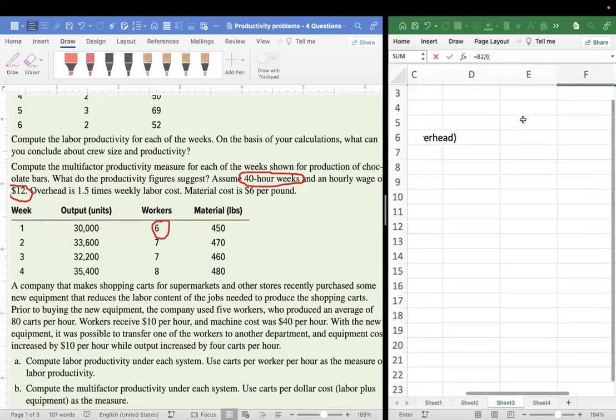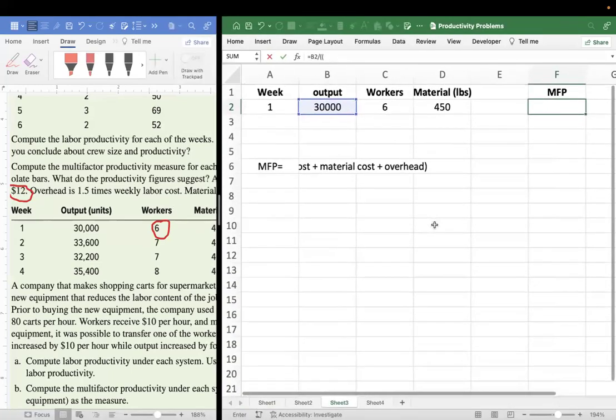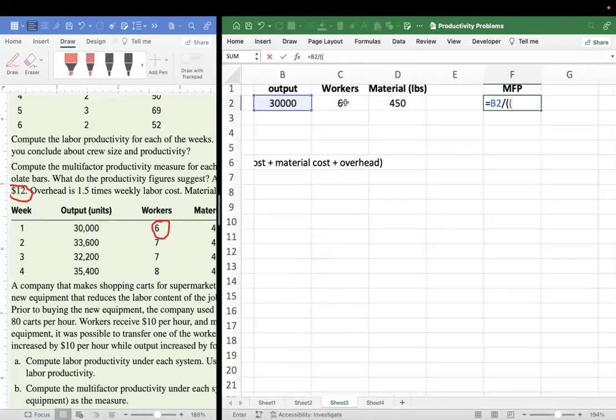There are six workers, multiplied by 40 hours, and they are paid at the rate of $12. So that becomes our labor cost. C2 represents the number of workers, six, and then 40 is the number of hours they work a week, multiplied by 12 dollars. This whole chunk represents the labor cost.